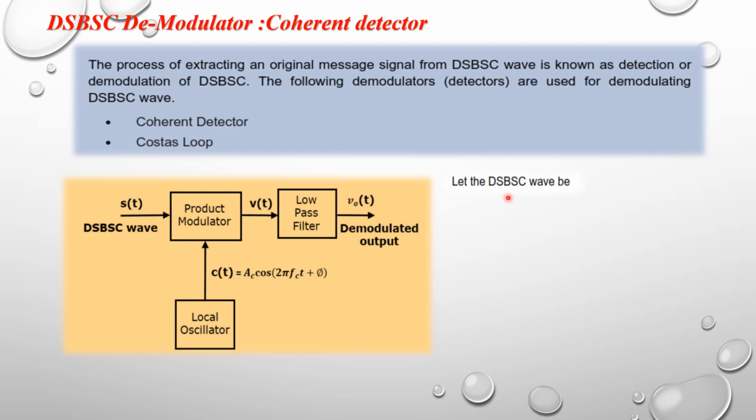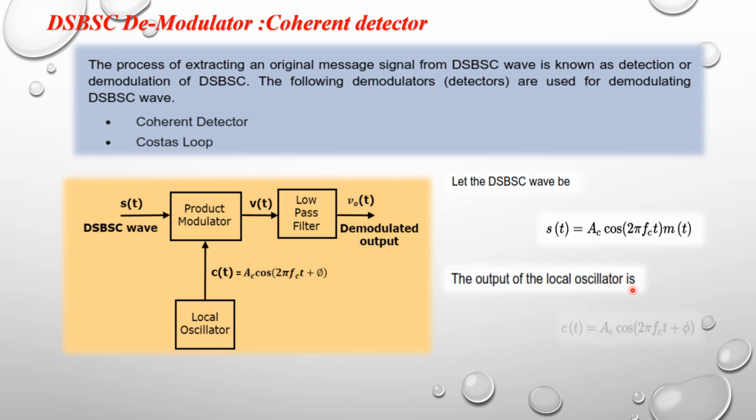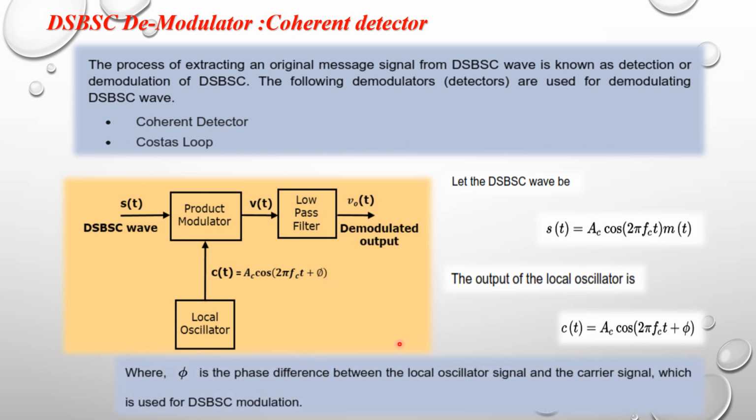Let the DSBSC wave s(t) be equal to Ac cos 2πfct times m(t), where Ac cos 2πfct is the carrier signal and m(t) is the message signal. The output of the local oscillator is c(t) = Ac cos(2πfct + ψ), where ψ is the phase difference between the local oscillator signal and the carrier signal used for DSBSC modulation.